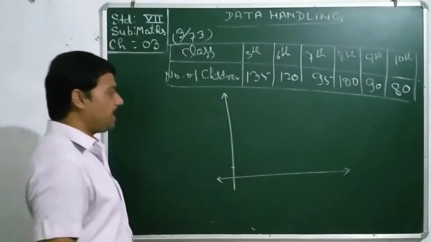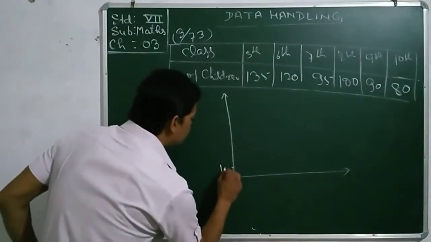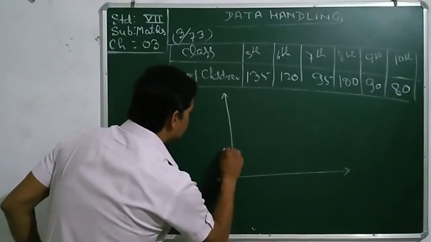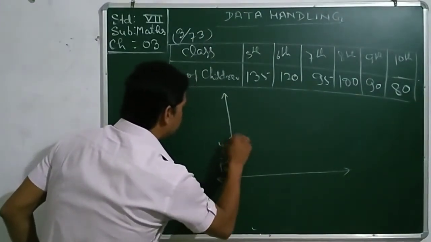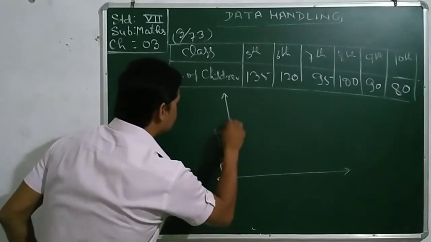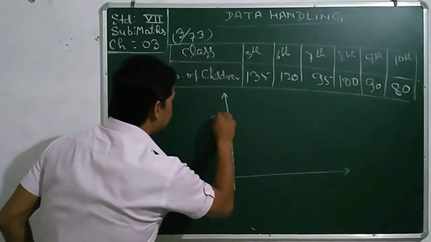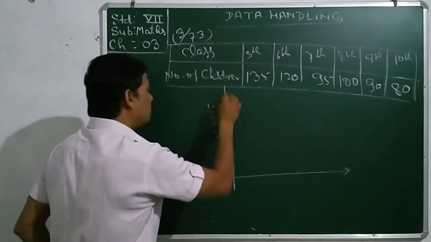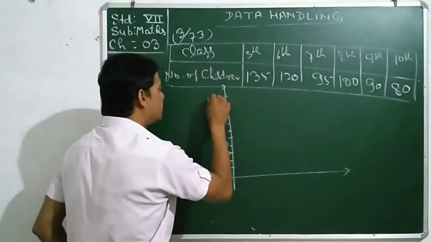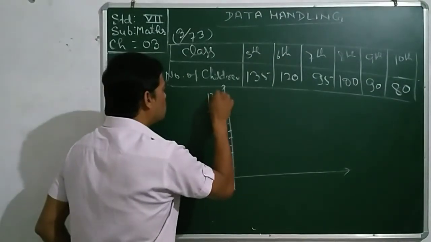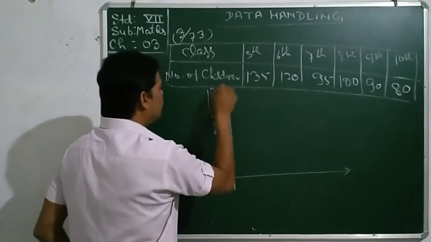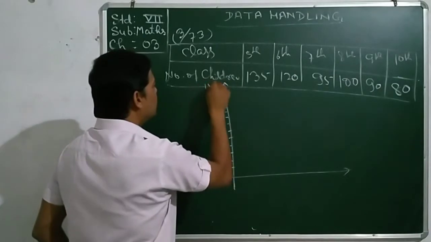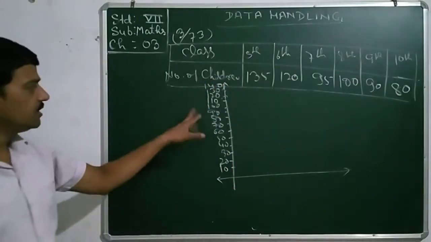So consider it as 10, 20, 30, 40, 50, 60, 70, 80, 90, 100, 110, 120, 130 and at last 140.